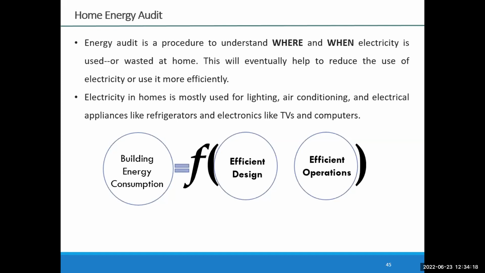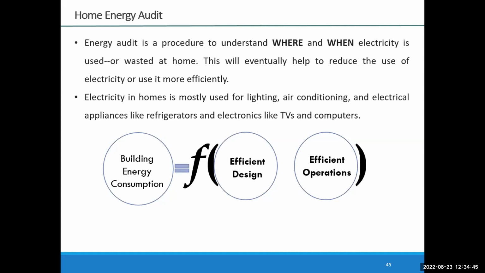Through this process, we can understand where and how much energy is going to waste. The energy audit process will help us understand how to reduce energy usage and use energy in a more efficient way.